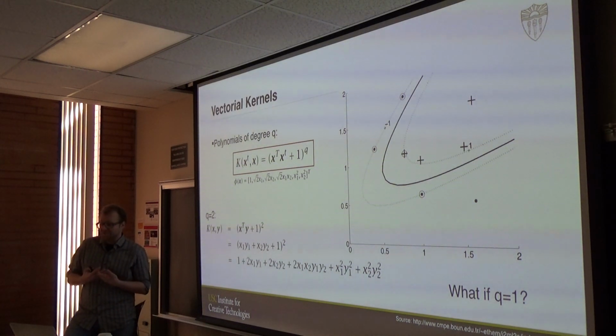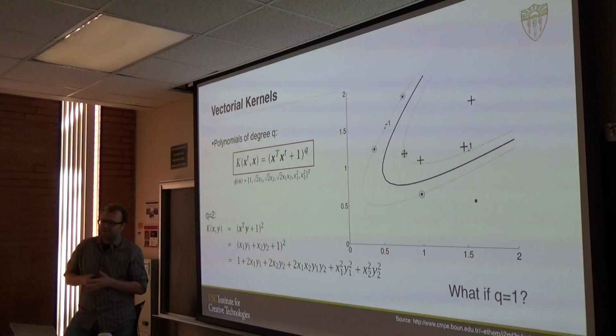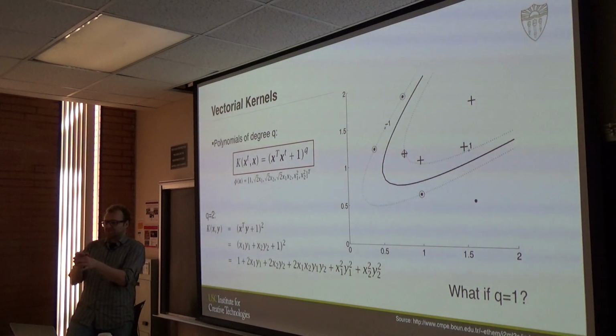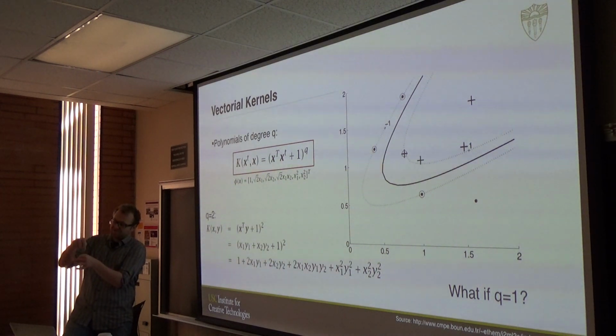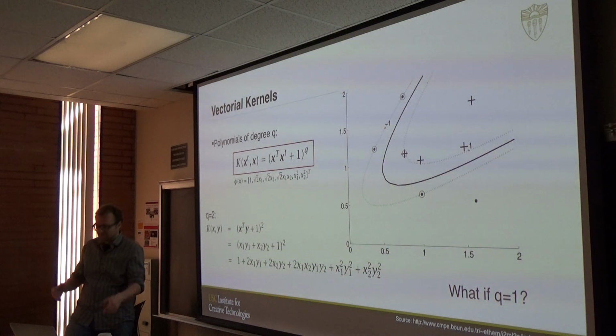Now what happens if we choose a different kernel? I mentioned we can use a radial basis function kernel, which is similar to a Gaussian, where you define a center and then you have this curve around that center.